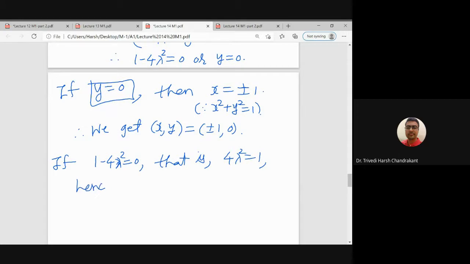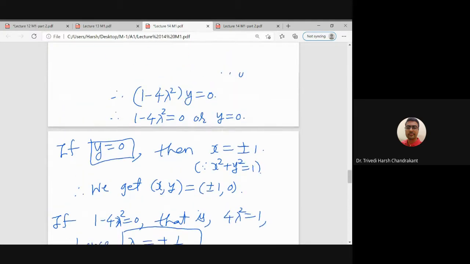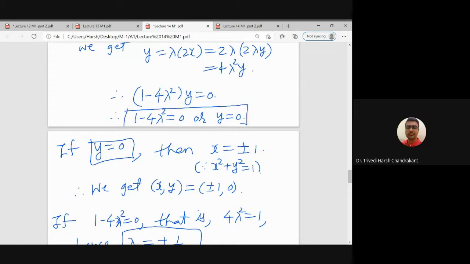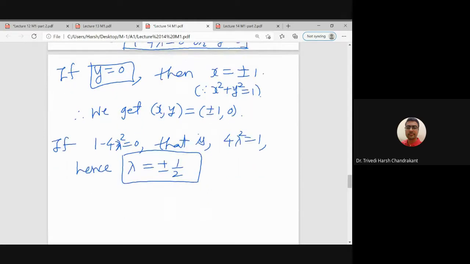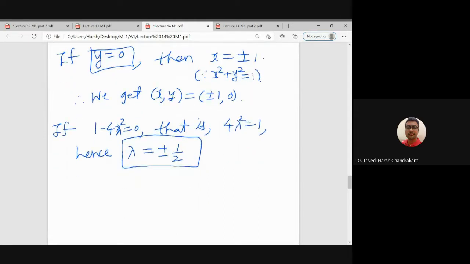Hence we get the value of lambda to be the square root of 1 by 4, and both the values. So that means plus or minus half, right? So this is what we have as the value of lambda from the second case. We got two cases, out of which the first case we discussed. The second case is this one, in which lambda equals plus or minus half.